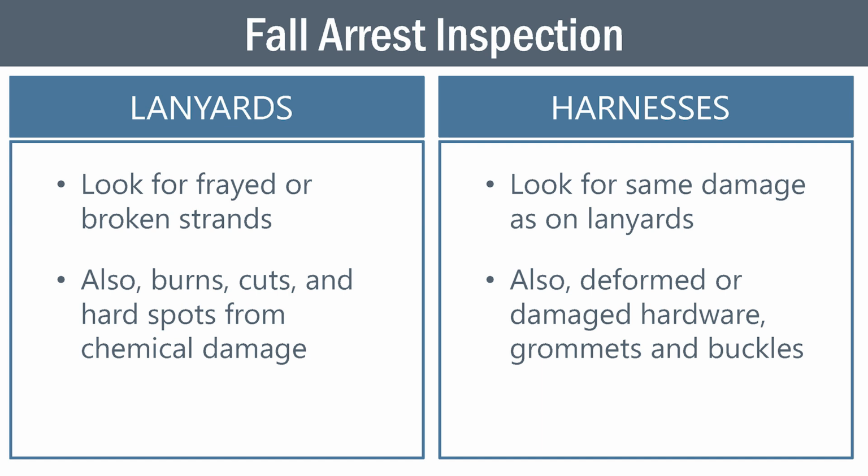Okay, like if you're using harnesses or lanyards and you're doing welding, what about slag? Sparks from your burn. Does it get onto the harness or onto the lanyard? I'm looking for that because that is going to cause it to fail over time.